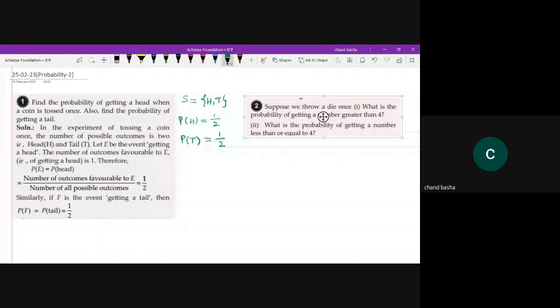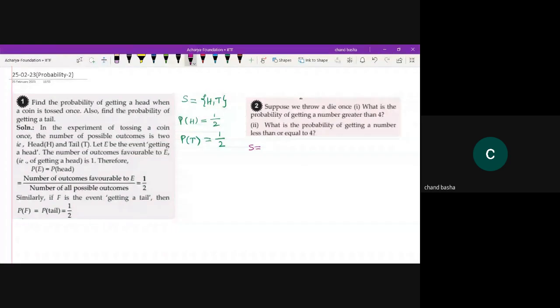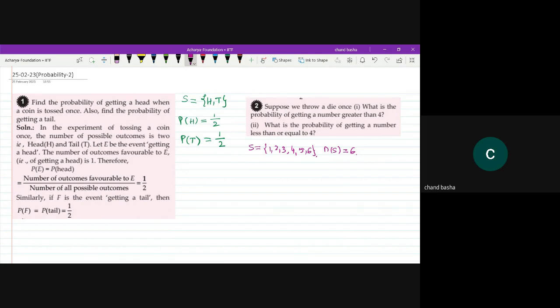Let's again go for the solution. When I'm throwing a die, the possible outcomes are 1, 2, 3, 4, 5, 6. And if I'm taking n of S, the total number of possibilities are 6. First point, what is asked? What is the probability of getting a number greater than 4?